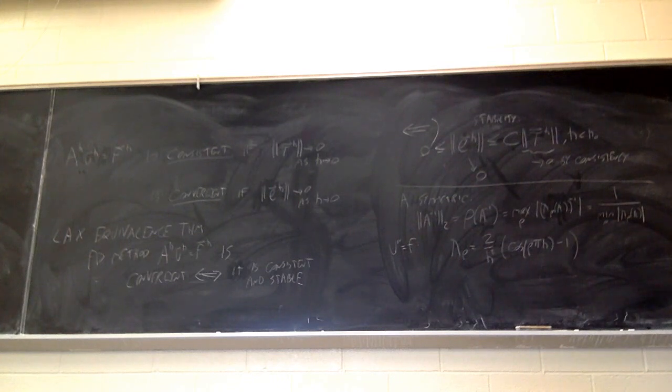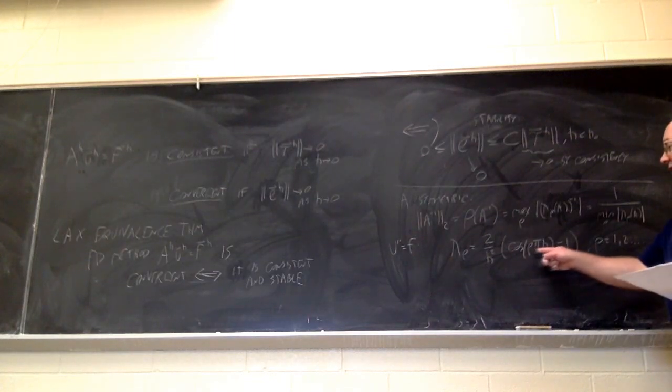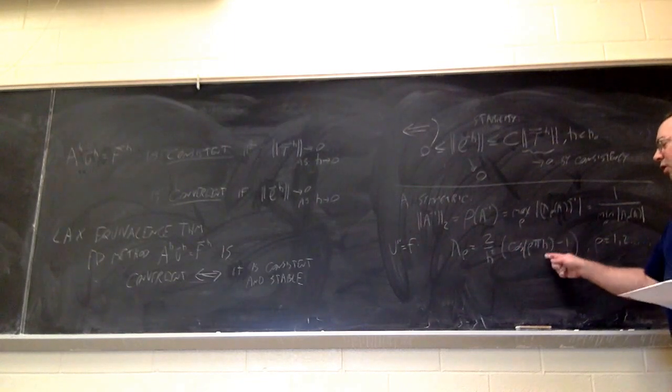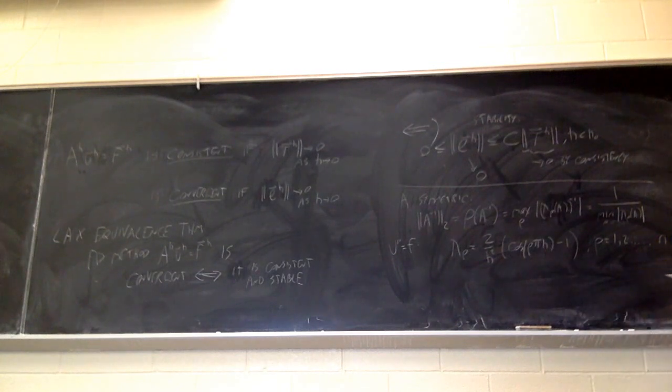Now for u double prime, the matrix is negative definite. We know that cosine is less than or equal to 1, so all these eigenvalues are going to be negative. And this is for p equals 1 up to n. So in fact, when p is equal to 1 and h is small, the cosine is close to 1, so we're going to get an eigenvalue that is negative but close to 0.